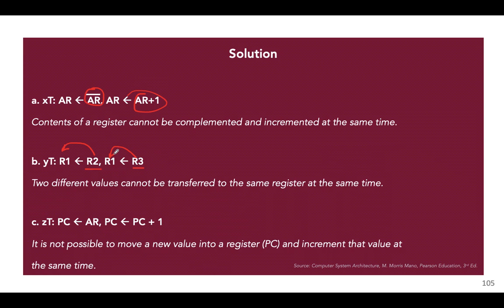At any given clock, only one of these things can happen, right? Finally, it's not possible to move a new value into a register and increment that value at the same time. So you're moving something into the program counter and you're incrementing the program counter as well. You can do one thing. One has to wait, right? You can't put something into a register and then increment the value of that register at the same time. So this is what is wrong with each of these statements.